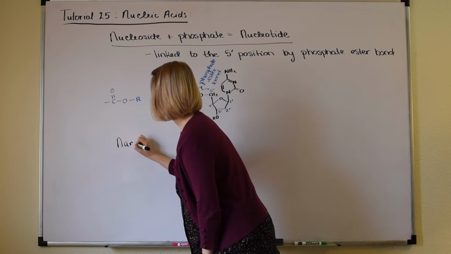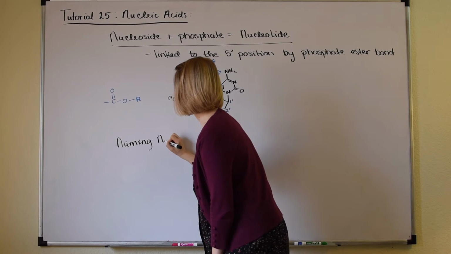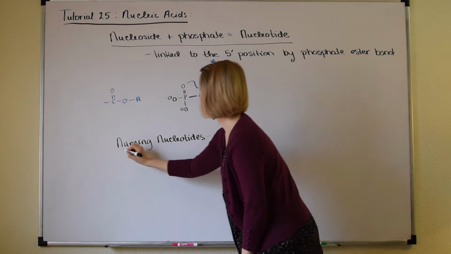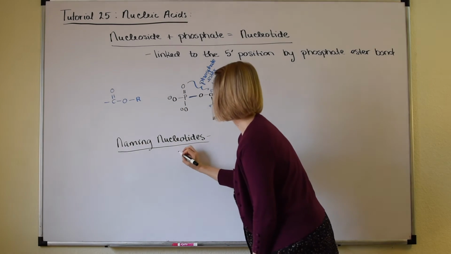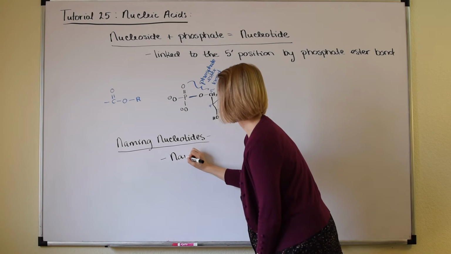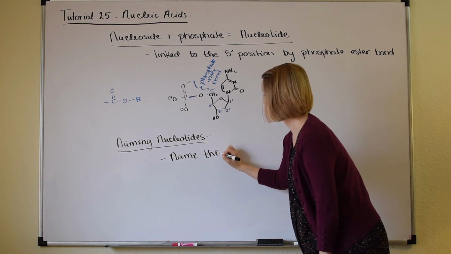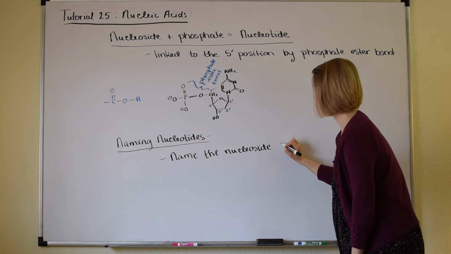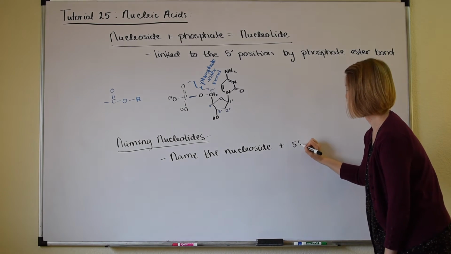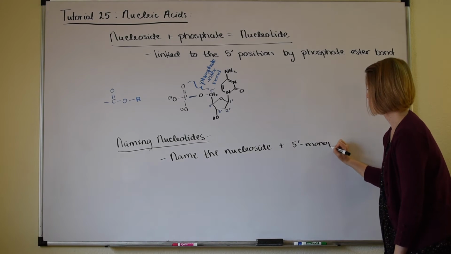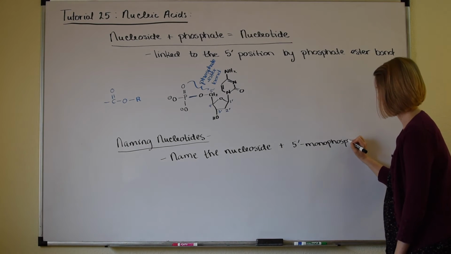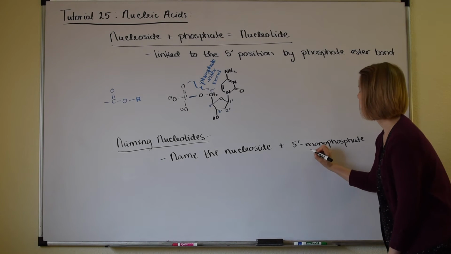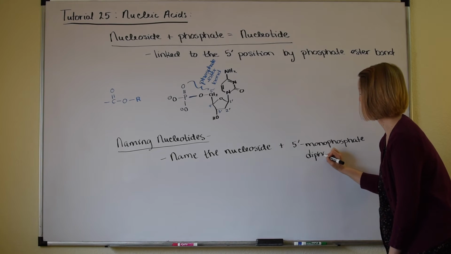Naming nucleotides. Name the nucleoside component and then add 5' monophosphate. If there's only mono, or 1 phosphate; if there's 2, then it's diphosphate.